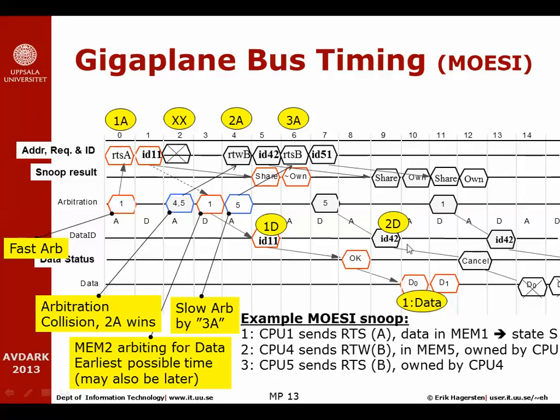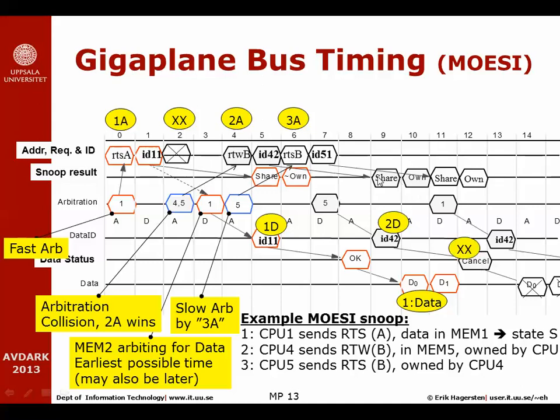Now, the memory module that contains the data requested by the second transaction is going to wake up and say, oh, now I realize that somebody wants to request some data that I have. So it has arbitrated for the data bus. Now it puts out the unique identifier here. So we can correlate this identifier with the request that happened over here.